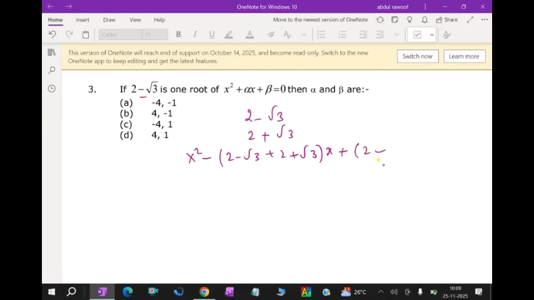Product of the roots is 2 minus root 3 into 2 plus root 3 equals 0, forming a quadratic equation.